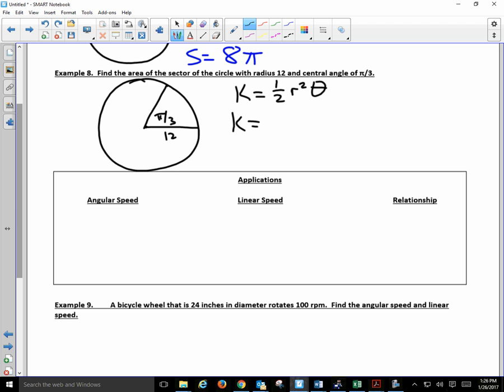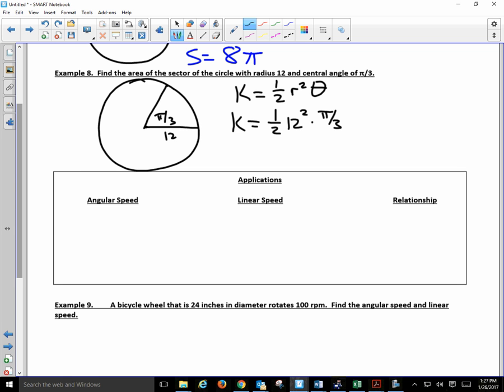So the area is 1/2 times what is r? What is theta? We don't switch it. It's already in radians, so we leave it alone.